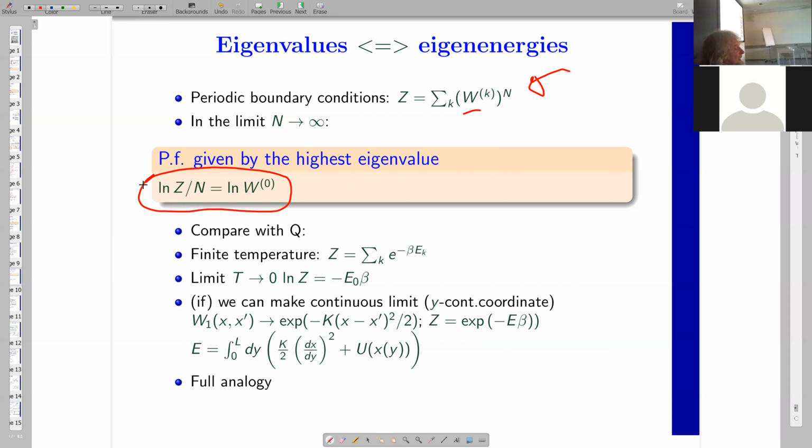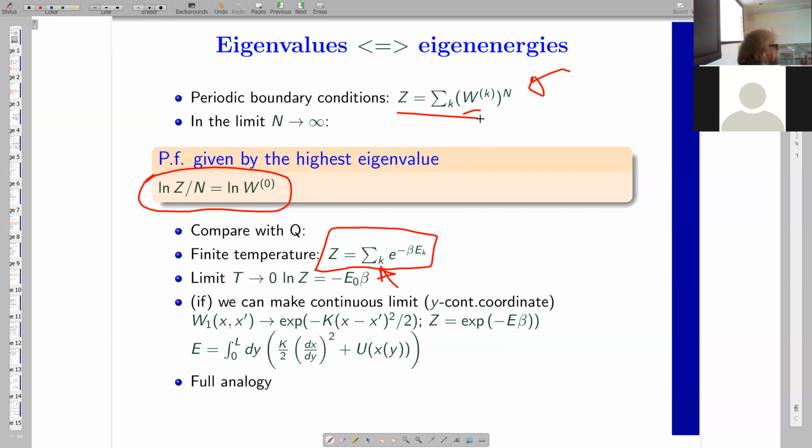Fine. Now let us compare it with quantum mechanics. That is like what we have for the partition function at finite temperature, and we have to sum it up over all Ks, like in this formula.